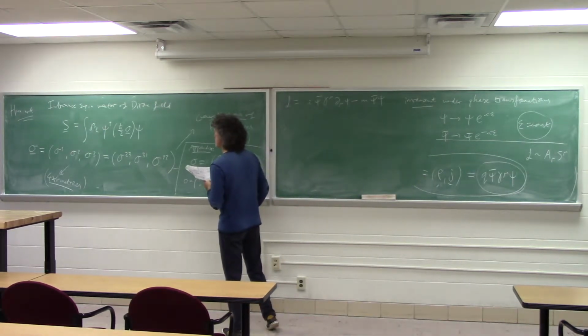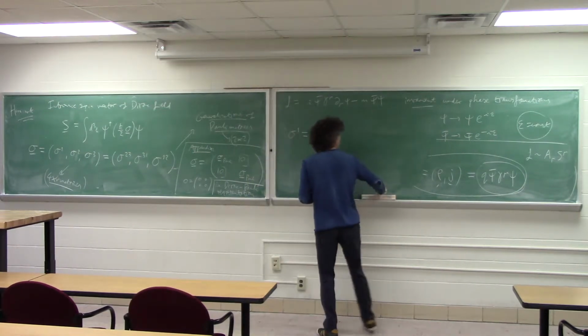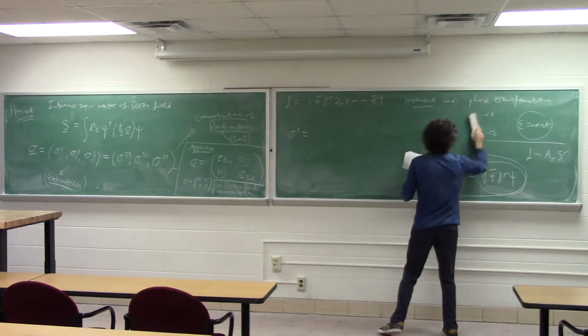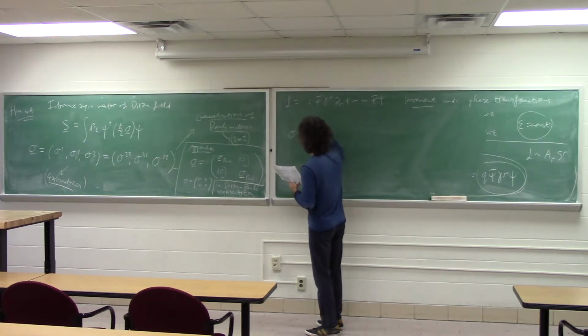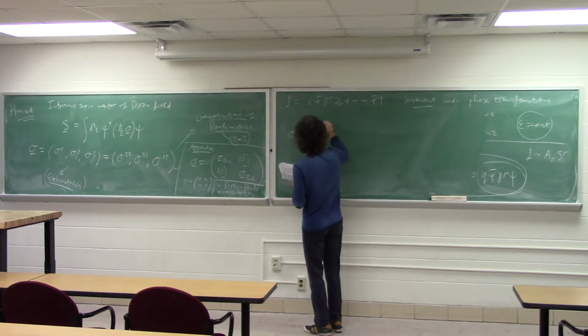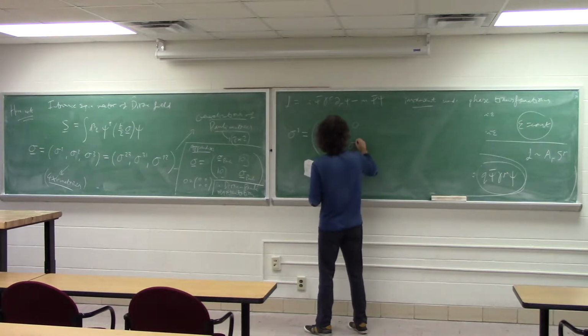Let's just look at, say, sigma 1. In the Dirac-Cowley representation, it is equal to sigma 1 Cowley, 0, 0, sigma 1 Cowley.